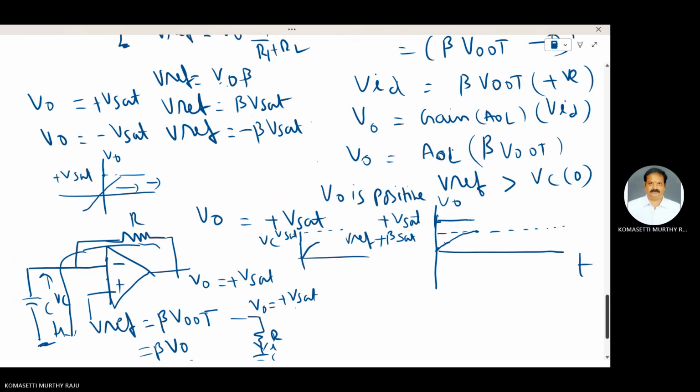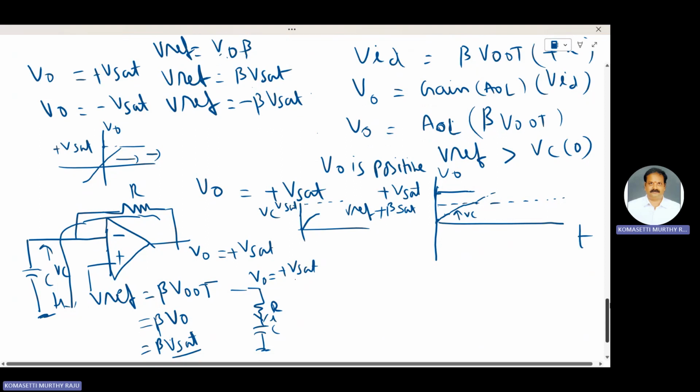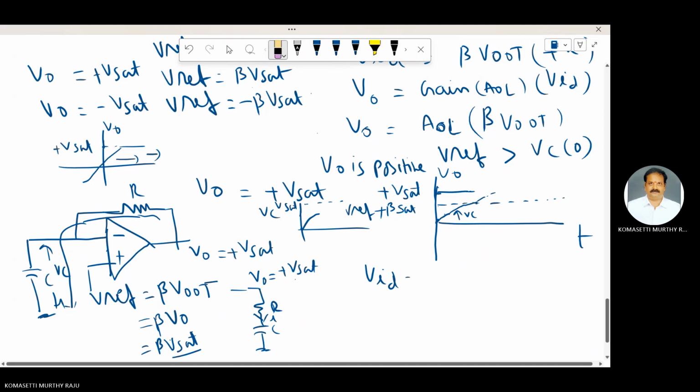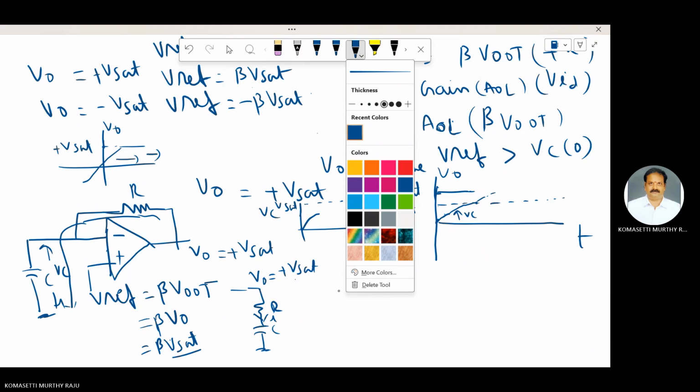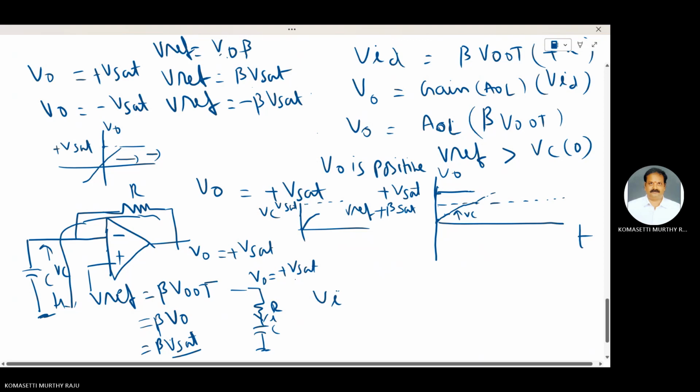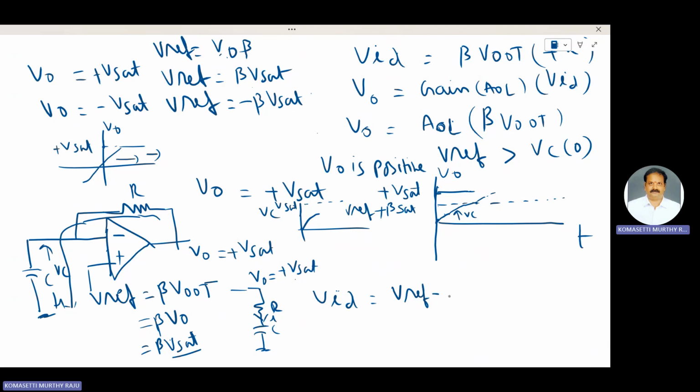Suppose VC crosses this V reference point, find out VID. VID is equal to V reference minus VC.